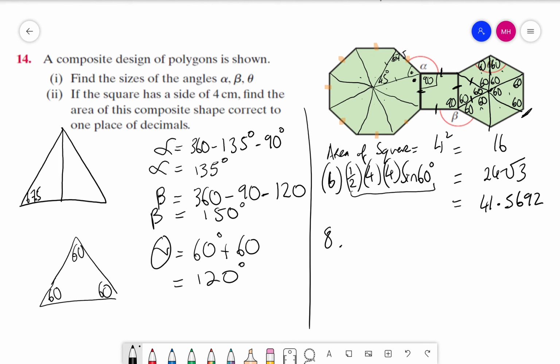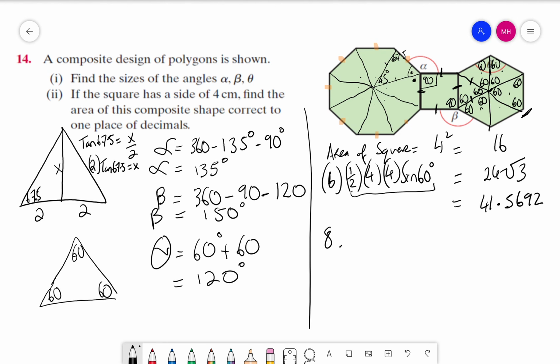Now if you were to split that right down, you would have 2 and 2, and using your junior sort of trigonometry, you could work out what the perpendicular height is. So that would just be tan 67.5 is equal to the opposite over the adjacent. So in other words, 2 times tan 67.5 is equal to our perpendicular height.